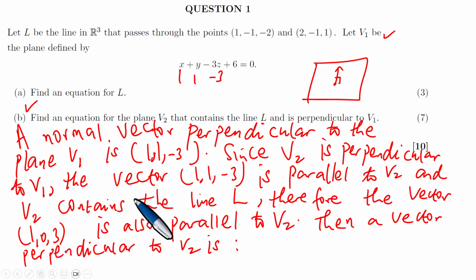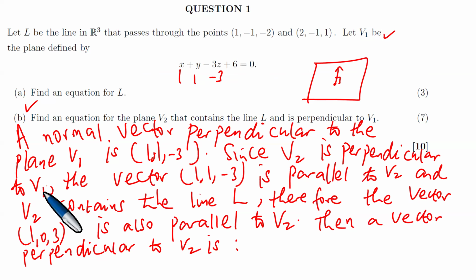Okay, let us analyze this together. We're saying that a normal vector perpendicular to the plane V1 is this. So let V1 be the plane defined by this. But the normal to the plane V1 is (1, 1, -3).